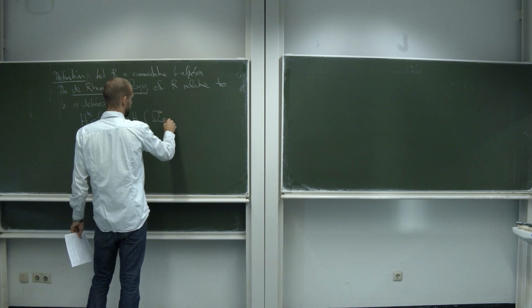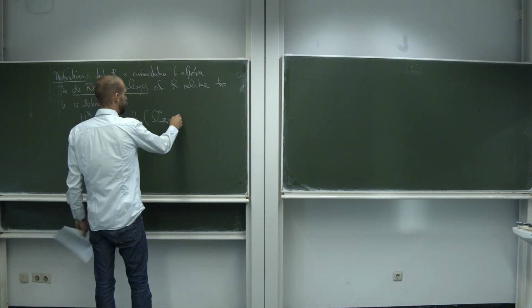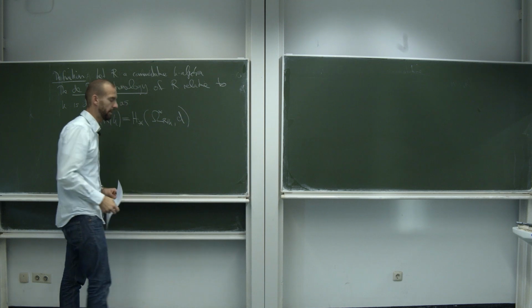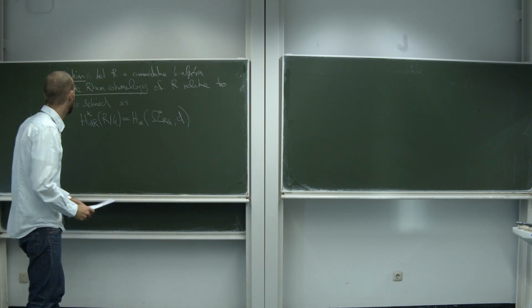I mean, it's pretty much like, you know, from differential geometry. Just take the de Rham complex, R relative K, and you take the homology with respect to the de Rham differential d. That is the de Rham cohomology.